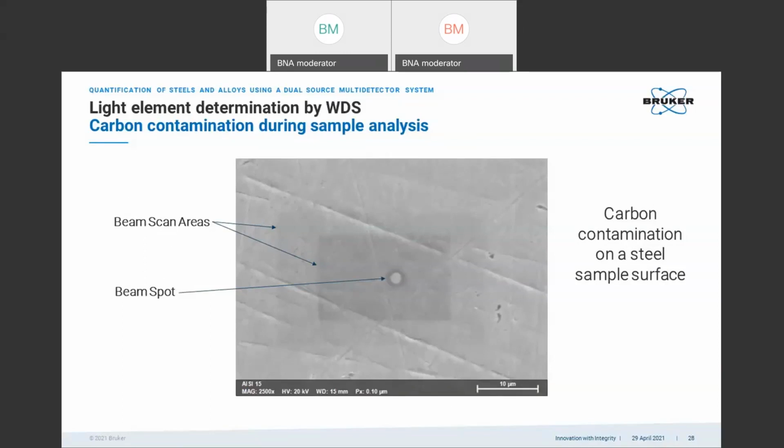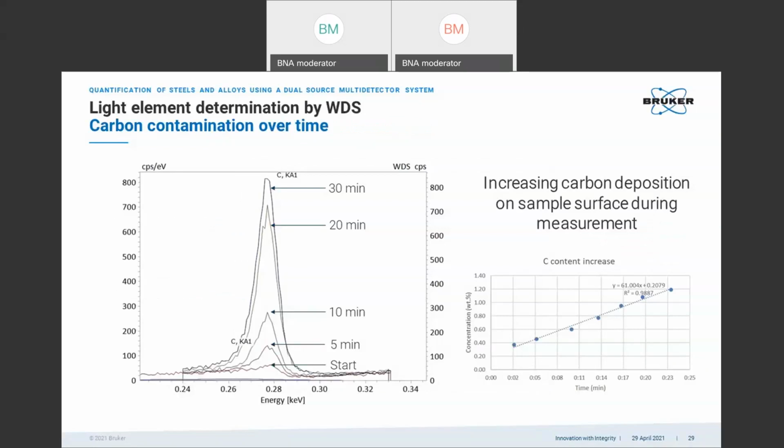What we see here are the scanning areas where we did a beam scan across the field. We see the rectangles, and we also see the beam spot where we did some point analysis, with a ring of carbon. There is carbon deposition instantaneously, due to cracking of hydrocarbons in the chamber atmosphere and deposition of carbon dust. So this is what it looks like.